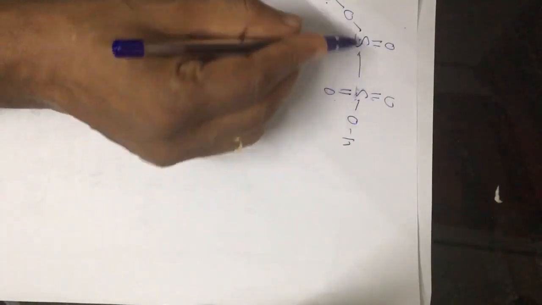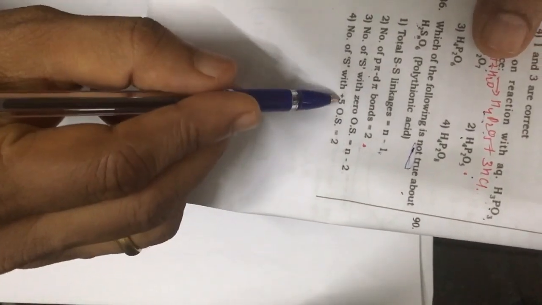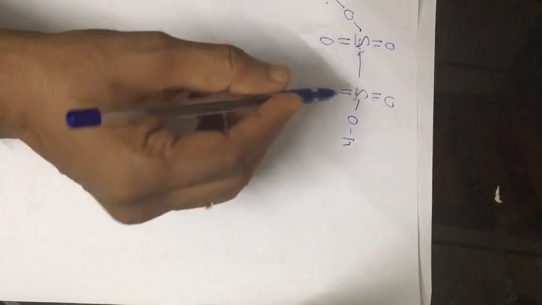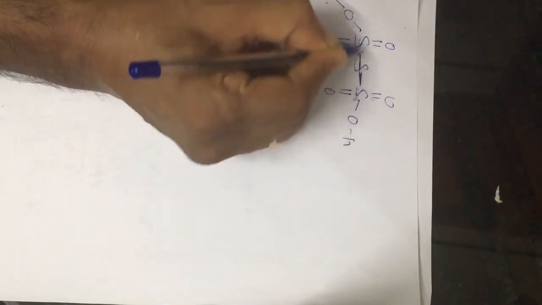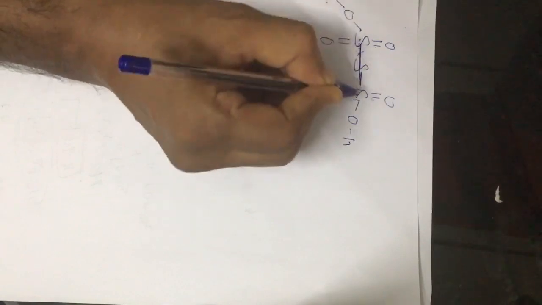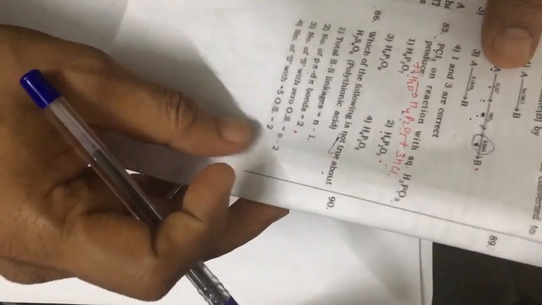Oxidation state of these two sulfur atoms is plus 5. Number of sulfur with plus 5 is 2. It remains 2 always. Like if you increase one sulfur here, the oxidation state of these two sulfur atoms remains plus 5. So the correct answer, which is not true, is the second option.